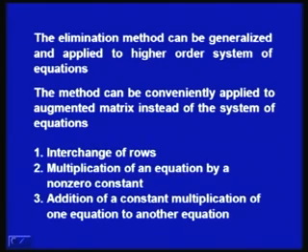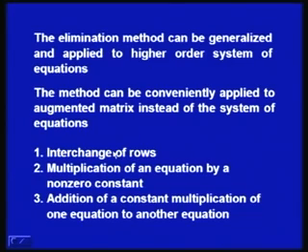While applying the method, we have applied a number of operations. Those operations can be categorized into 3 categories. One is interchange of rows, another is multiplication of an equation by a non-zero constant, and the third type of operation is the addition of a constant multiple of one equation to another equation.